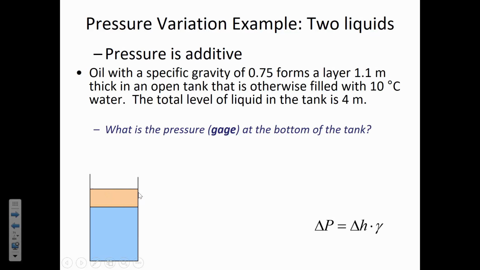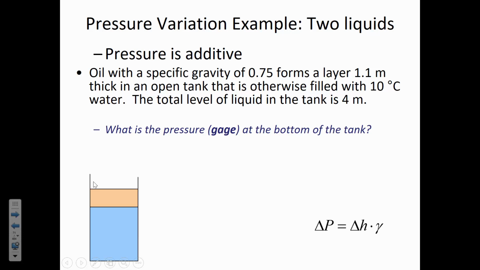So if you have oil with a specific gravity of 0.75, meaning that its density is 750 kilograms per cubic meter, if we have a layer of it that's 1.1 meters thick, and then this tank, the total liquid level from the top of the air-oil interface to the bottom of the tank, that distance is 4 meters. So we've got a 1.1 meter layer of oil. The total liquid level is 4. What is the gauge pressure at the bottom of the tank?